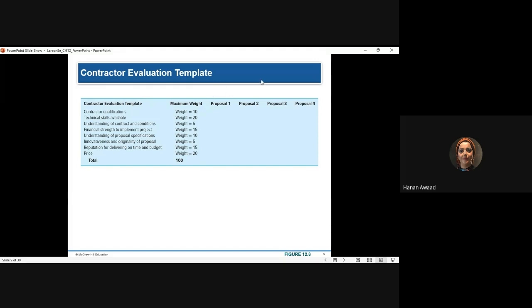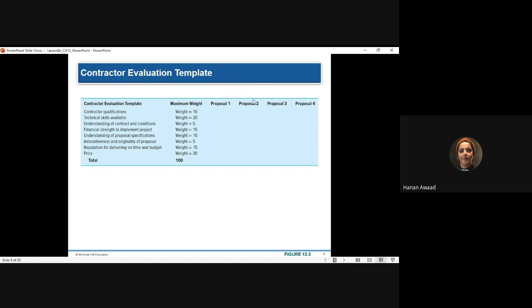Proposal 3 got 5 times 10, 50. So it means that proposal 1 is better than proposal 3 in this area. And we do the same for all the criteria until I have a final score.